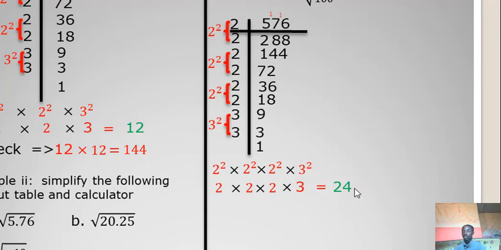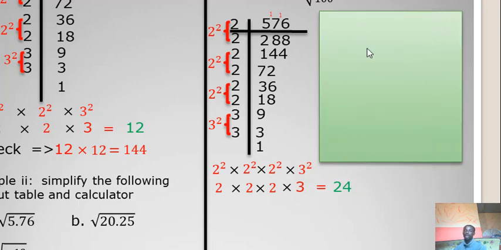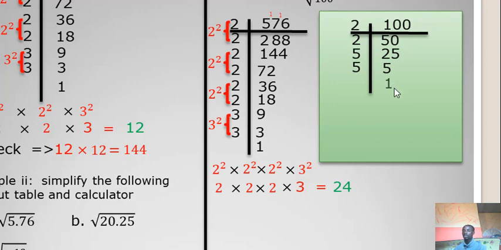Everything equals 24. Now I want to simplify root 100 in this pearl green box. We have 50 here, we have 25, we have 5, and we have 1. If we pair up, we're going to have 2 squared multiplied by 5 squared. Now 2 multiplied by 5, that is 10.